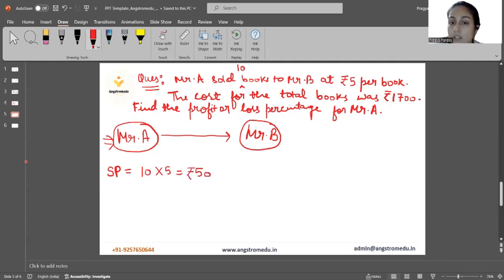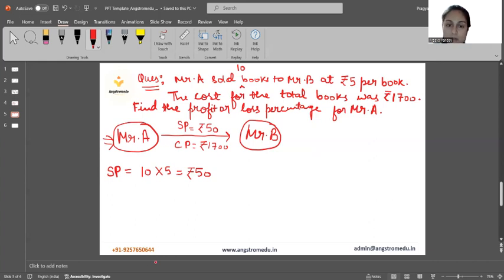All right. So it means he has sold for, let's say, 50 rupees and the cost was 1700. Can you imagine? There is such a huge difference between selling price and cost price, and it is very clear from the question that it is a case of loss.